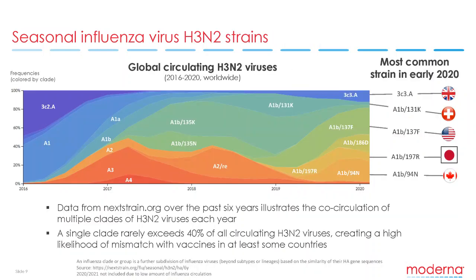Okay. This picture here shows all the different circulating strains of the flu in the different regions that they're in. So as you can see, we have the UK, Switzerland, the USA, Japan, and Canada.